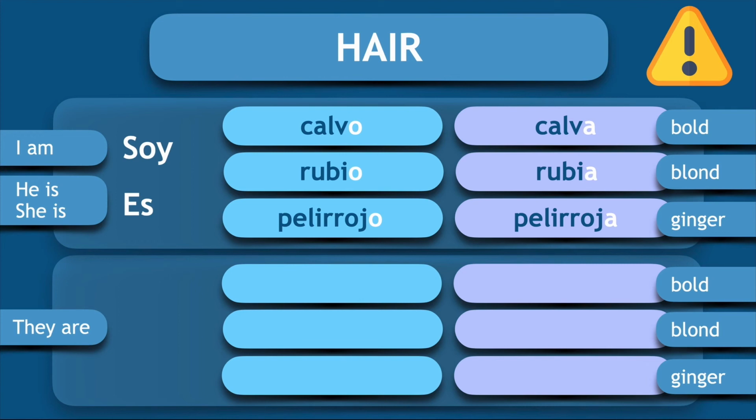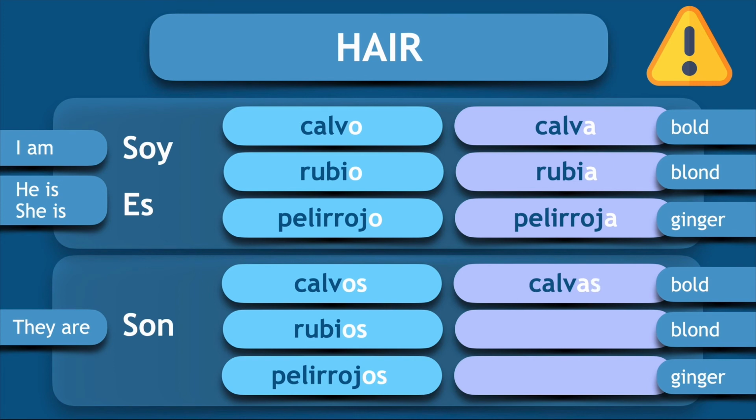As to be bald, it is not as common for women as it is amongst men. For ellos or ustedes, son calvos, son rubios, son pelirrojos. For ellas or ustedes, son calvas, son rubias, son pelirrojas.